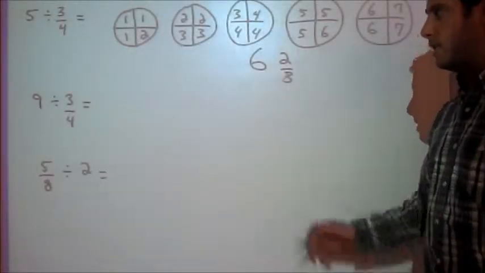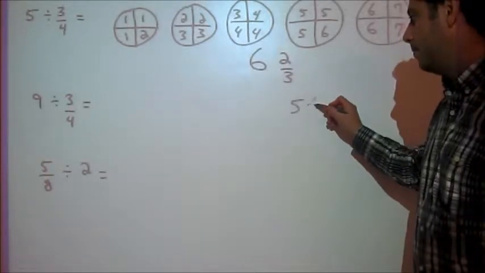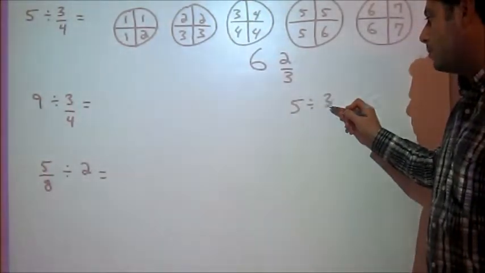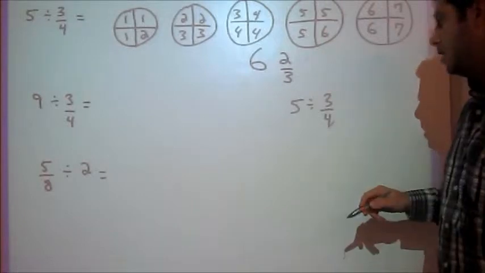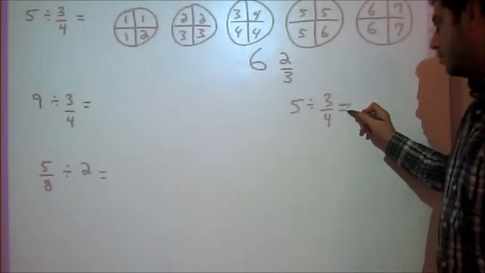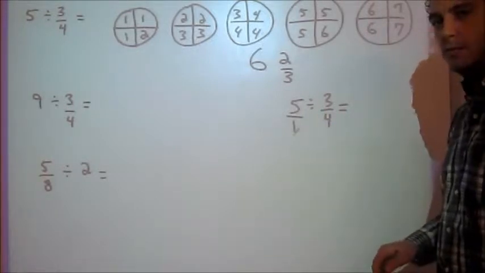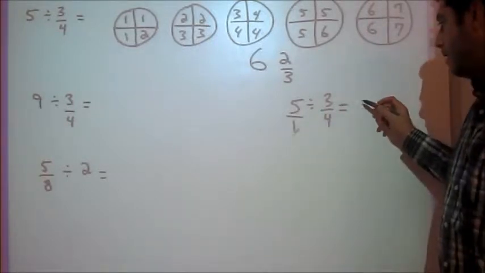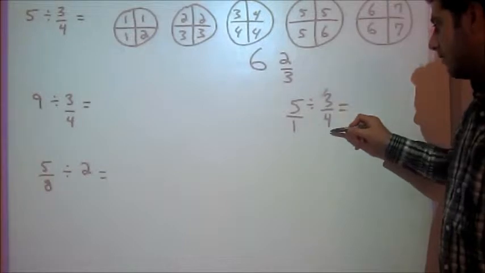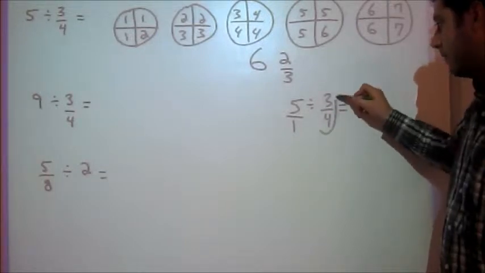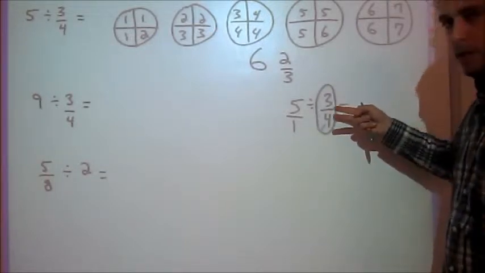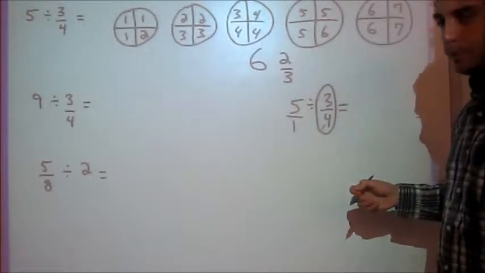Now, we could have solved that same problem using the reciprocal method. What we're going to do when we use that method is we'll put our whole number over 1, always. And then we're going to flip the second fraction. We're going to use its reciprocal.